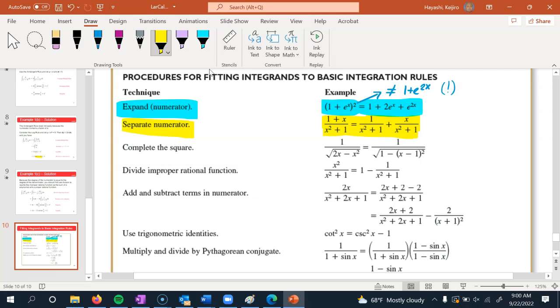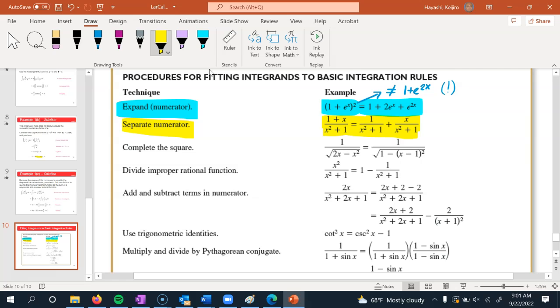So, for example, there wouldn't really be a great way to deal with 1 plus x on the top and x squared plus 1 on the bottom. A direct u substitution wouldn't be possible because, well, if u was the x squared plus 1, then du would be 2x, and you're not really going to get that out of 1 plus x. But if you split up the numerator, then the part with the 1 on the top, that'll be an arctan, as you sort of saw from the comparison of the three integrals earlier.